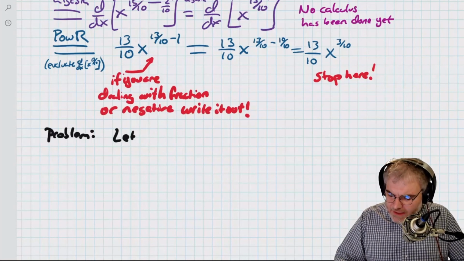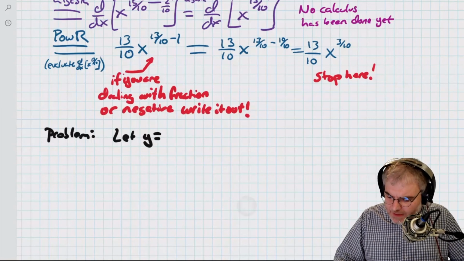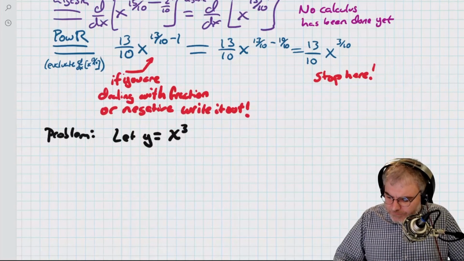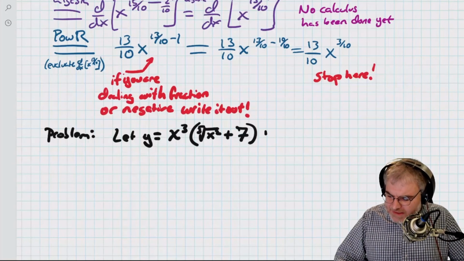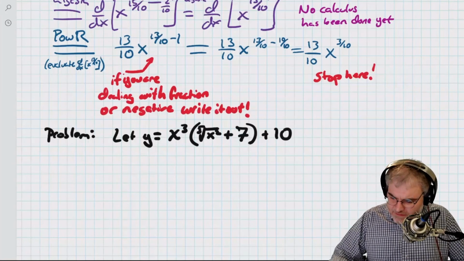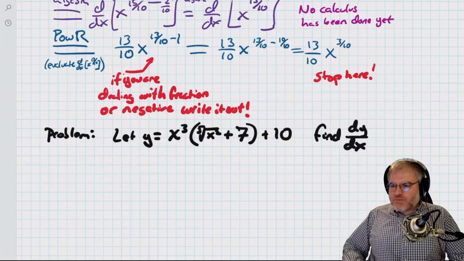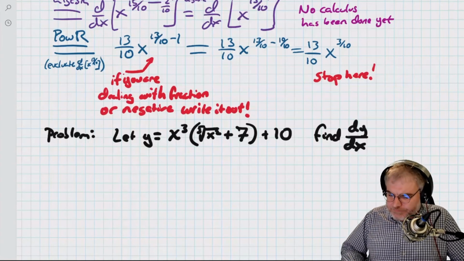Let y equal x cubed times the fifth root of x squared plus 7, plus 10. Find dy over dx. So now I'm going to combine a bunch of rules that I had last time.